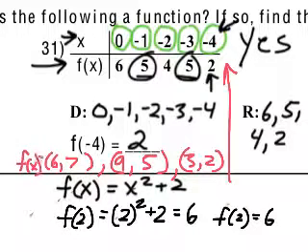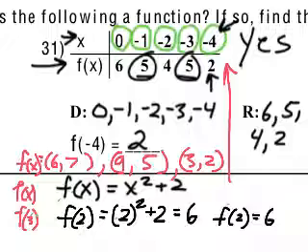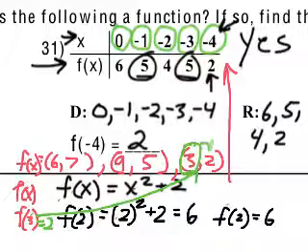Okay? That's the set of f of x. And then they say, what is f of 3? Well, f of 3 would be right here. It would be 2, because this is where x is 3, y is 2.